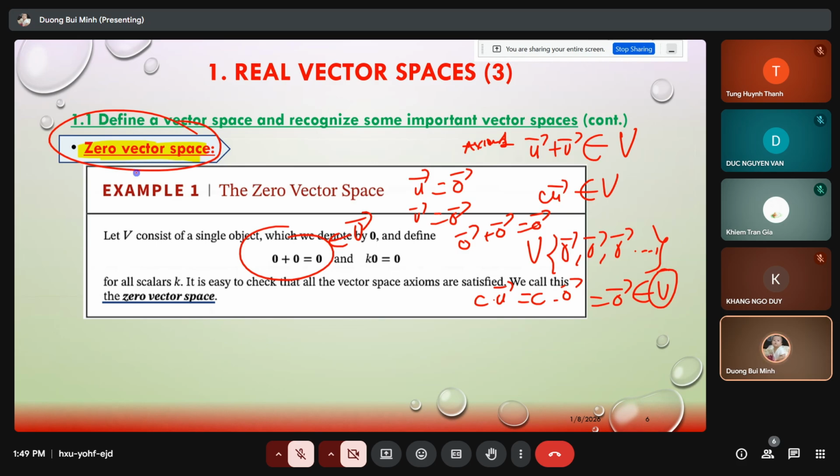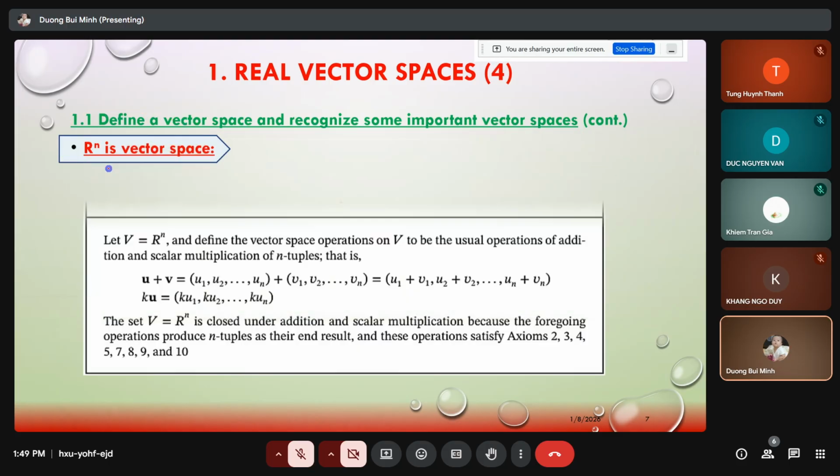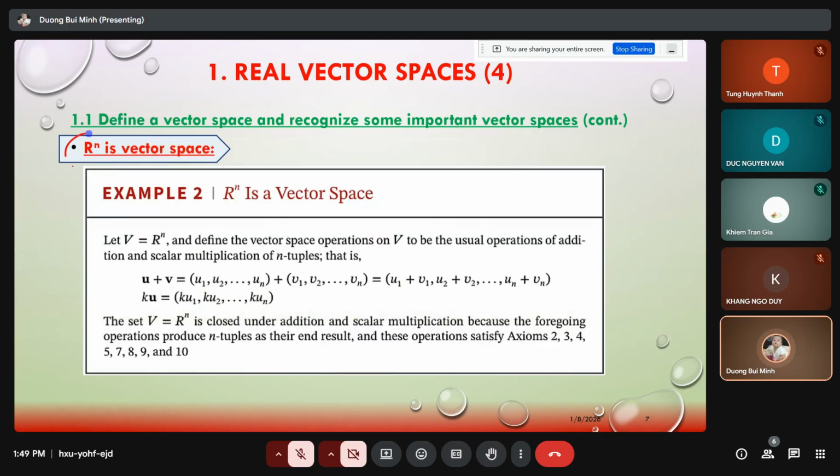Do you understand? Continue. Now we have Rn. Rn is a vector space. What is Rn? Rn is a set of all vectors with how many dimensions? N dimensions. So that means we have vector U with U1, U2, blah blah blah, Un.